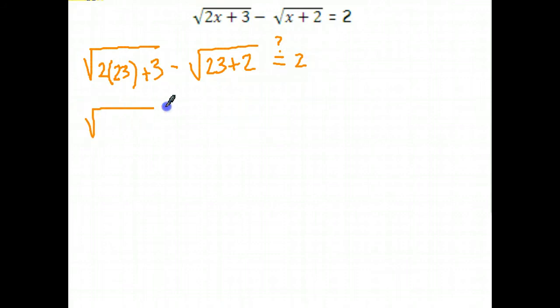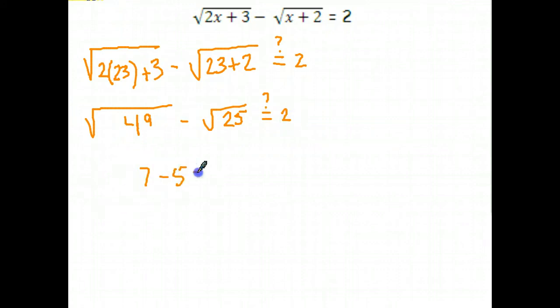So we've got the square root of 2 times 23 is 46 plus 3 is 49. Minus the square root of 25. You can pretty much see what's going to happen here. Is that equal to 2? So we get 7 minus 5. Again, mathematically, you should be writing it like this, but you can see what's going to happen. And we get 2 equals 2. Since that's a true statement, we know that x equals 23 does work.